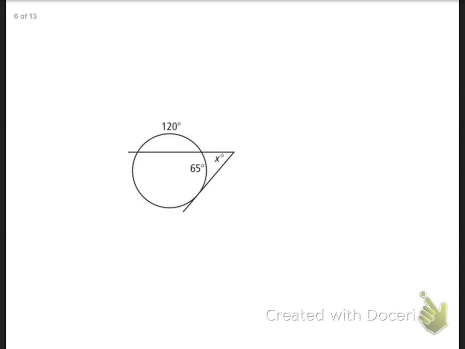Okay, my next one, these are the arcs it opens up to, so I know my angle is x, 1/2, my big arc. If I want this, I know all the way around is 360, but what I do not want of that 360 is that 120 and that 65.